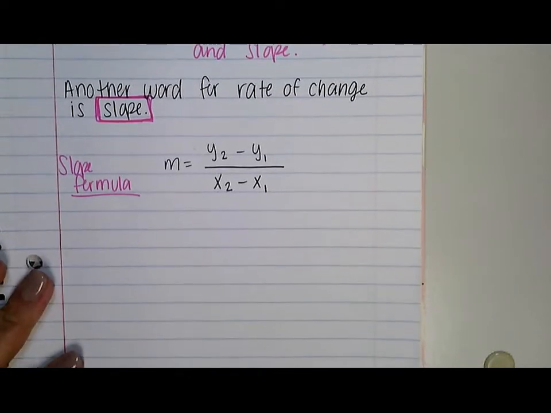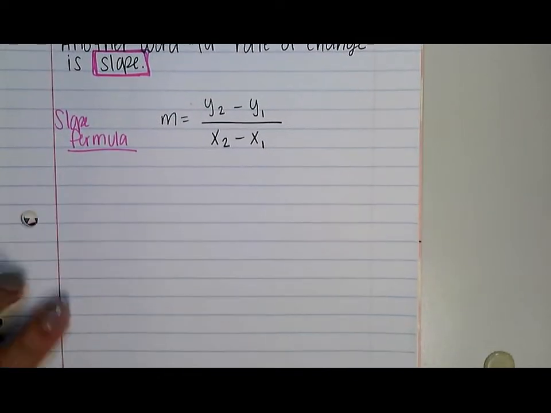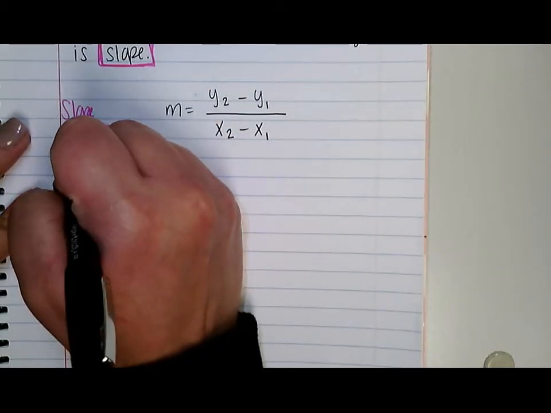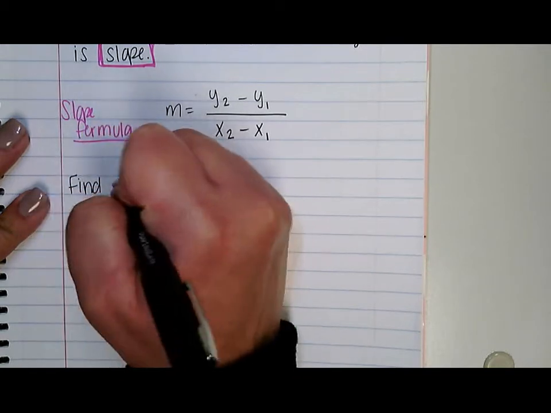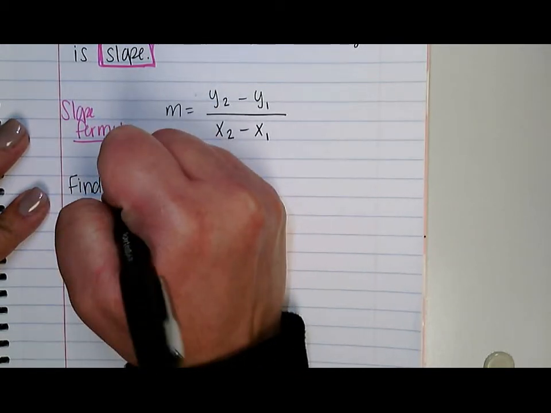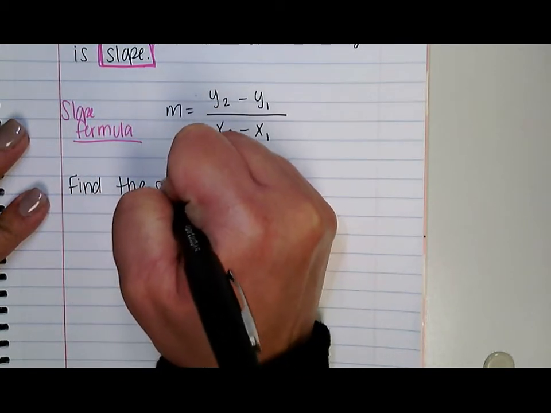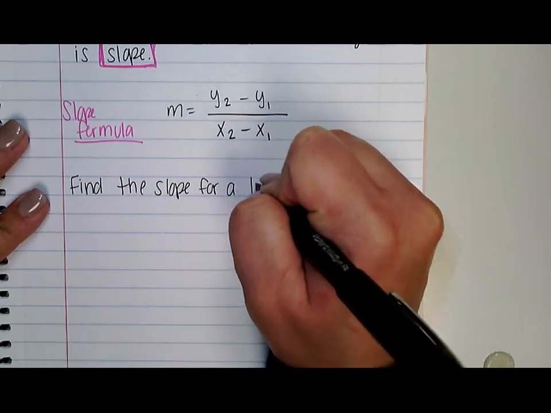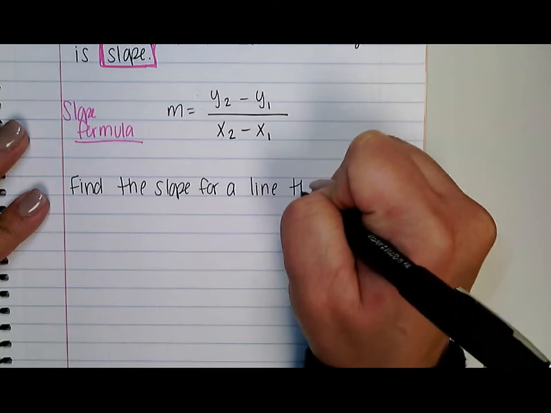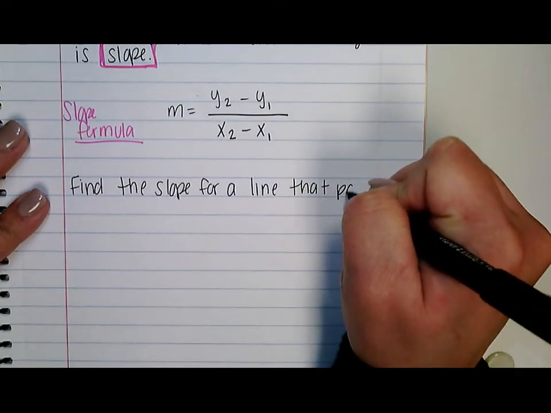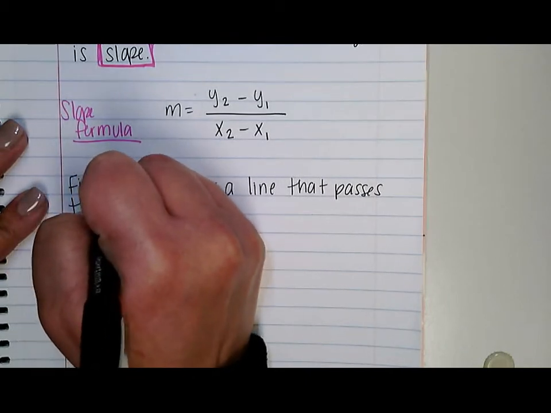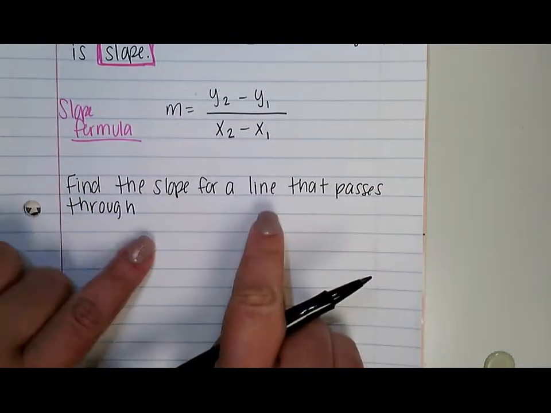All right, so whenever we have a question about slope, it's going to be worded like this. Find the slope for a line that passes through, and then it's going to give us 2 points.